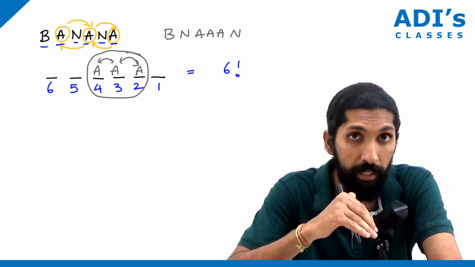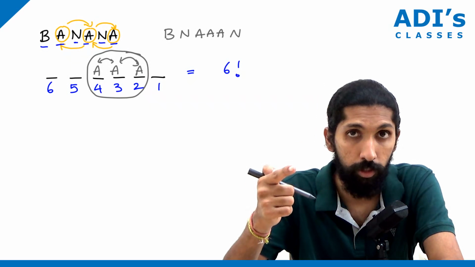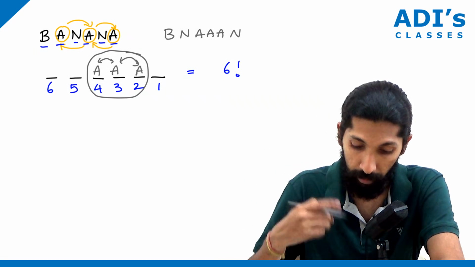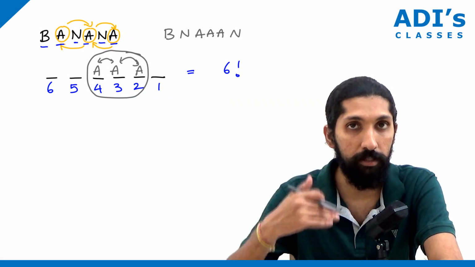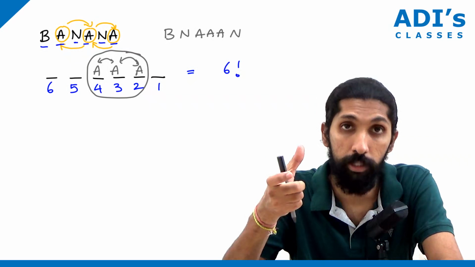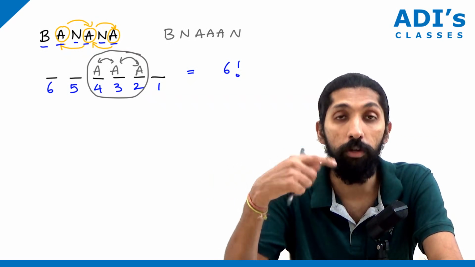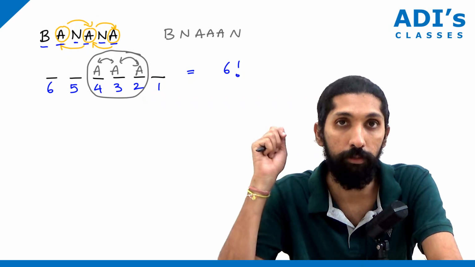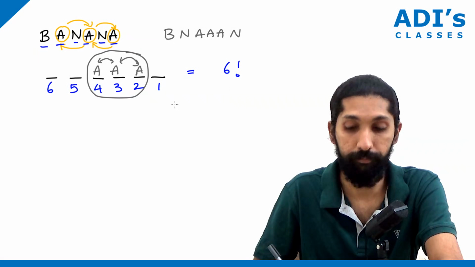So I divide by 3 factorial. You might be thinking, why division? Because repeated subtraction is division. I keep subtracting all the cases where these 3 A's are interchanged, so repeated subtraction becomes division. So we divide by 3 factorial.